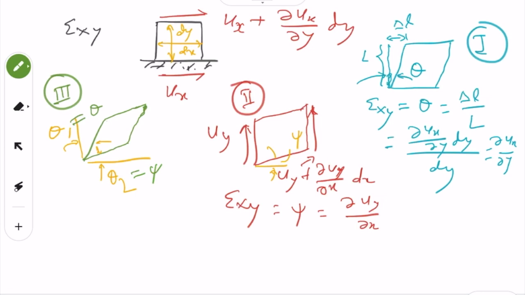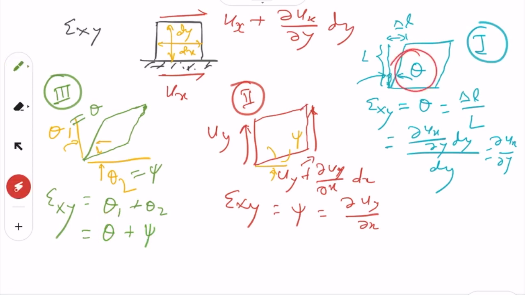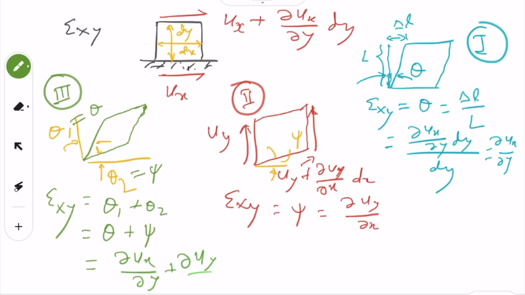By definition, epsilon xy is both of them, so epsilon xy equal to theta 1 plus theta 2, which is theta plus psi, and basically what we get is del ux over del y plus del uy over del x.